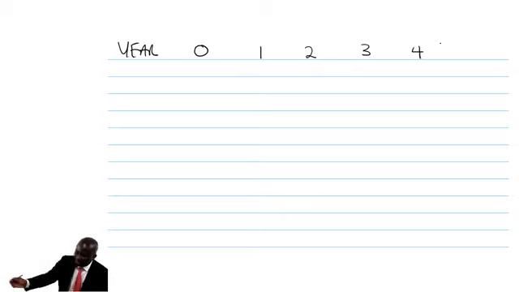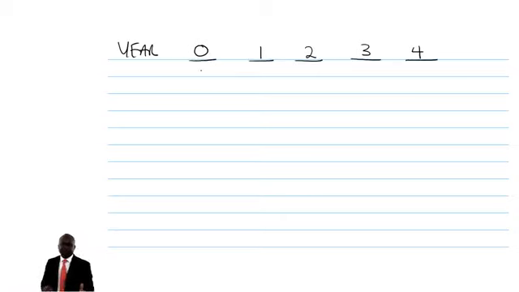The project is for 4 years. 0, 1, 2, 3. Let me do my board well. 0, 1, 2, 3, and 4. I leave space in case something should go to year 5. Because I am doing international investment appraisals and the project is being done in the US, I first have to generate the cash flows on the basis of the dollars.